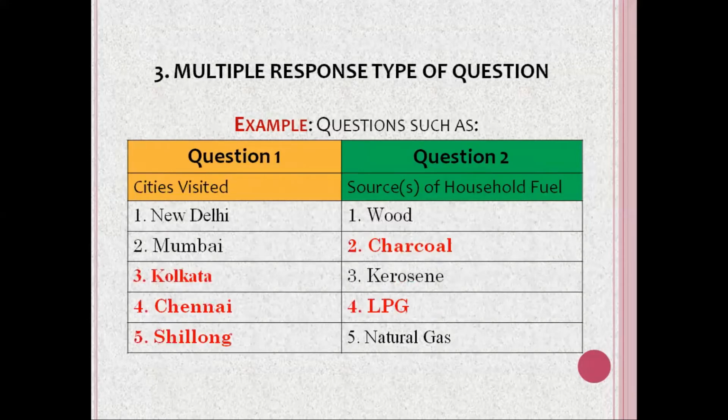If the cities you visited are Calcutta, Chennai, and Shillong, all three are the answers that you pick. Similarly, for the source of household fuel, you may be using charcoal at home, and also LPG. So these are the answers to your questions. You have a multiple response answer to this question. Such questions are referred to as multiple response type of questions in questionnaires.